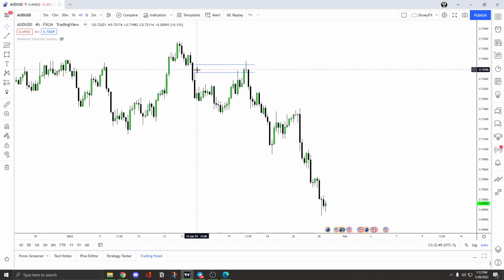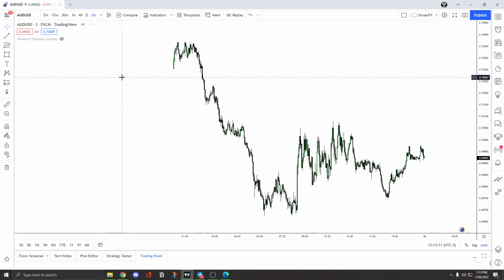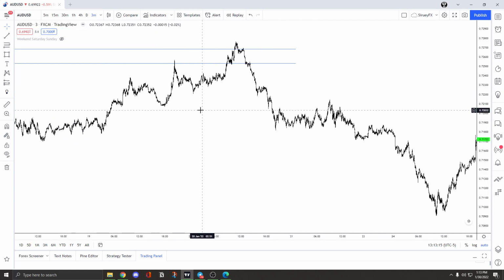So in this range, we have these price levels here, which is 72,530 and 72,680, roughly around 72,680. So I know that between these ranges, there will be a market maker sell model occurring. So ICT enforces the idea of going on smaller time frames and using them to your advantage.